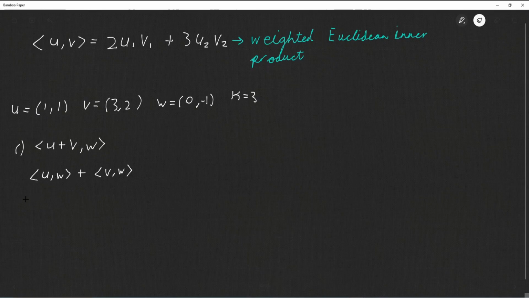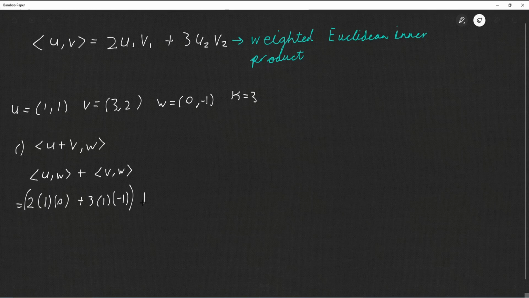So now we just have to do the inner product of u and w, which is going to be 2 times our first term, which is 1, multiplied by 0, plus, now we have to do our second term, which is going to be 3 multiplied by 1 multiplied by negative 1.